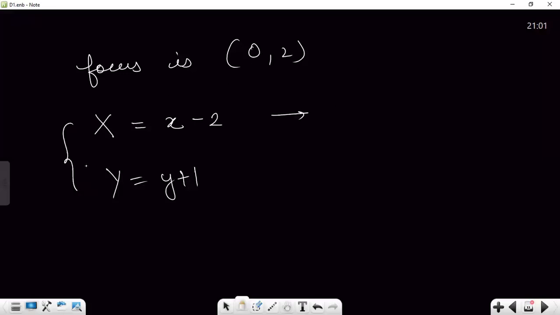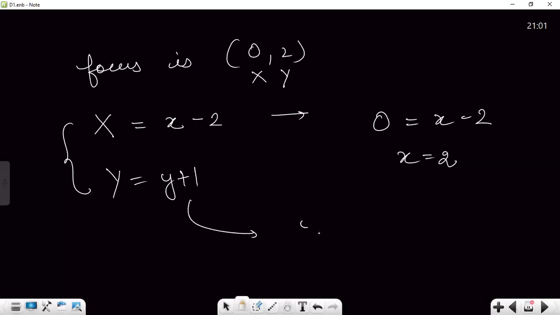Here we are relating two coordinate systems. In the coordinate system in which we refer to capital X and capital Y, our focus is 0 and 2. This is as per X and this is Y. So if X is 0, small x will be 2.